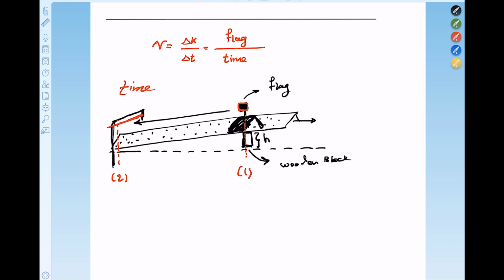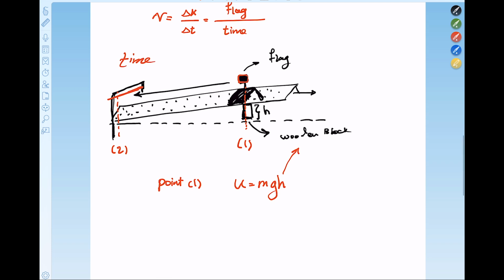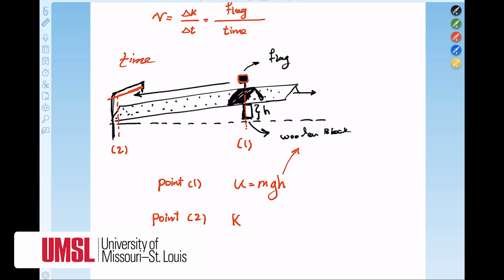Okay? Now, the purpose is to see what energy is transforming to another energy. In point 1, we only have potential energy, m, mass of the glider and flag, times g, times h, height. This is the height of the wooden block. Okay? In point 2, we only have kinetic energy.